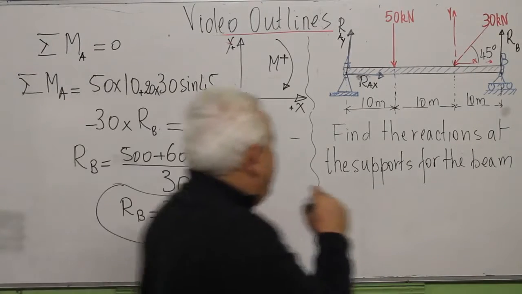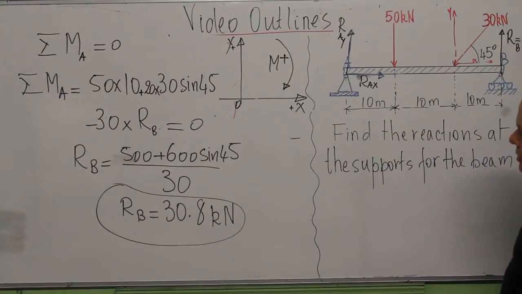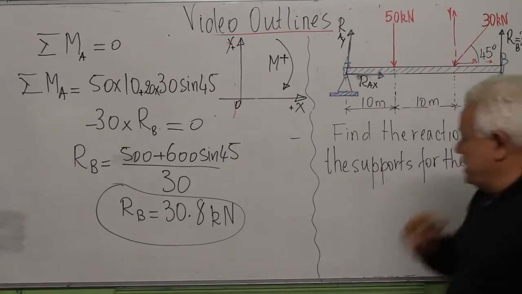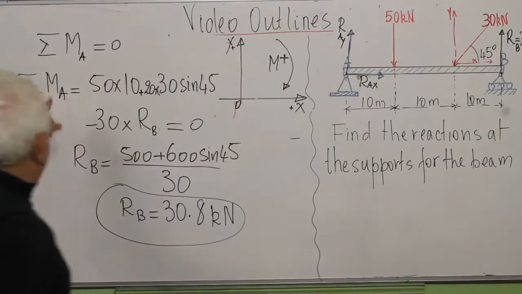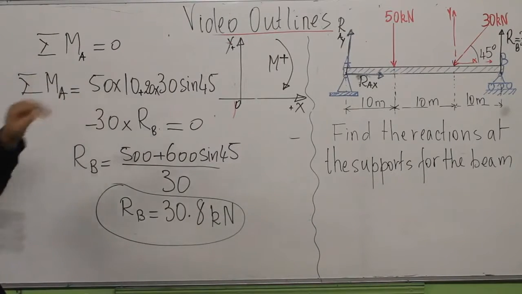So now I can come here and write RB equals 30.8 kilonewtons. This is by using the first condition, sigma of the moment at A equals 0.